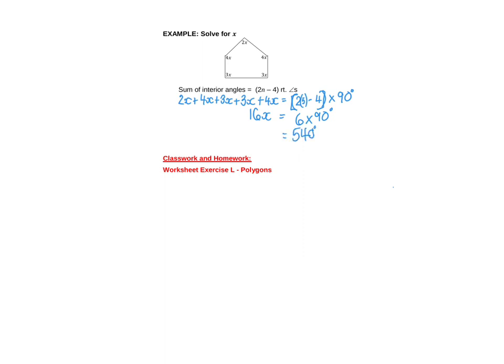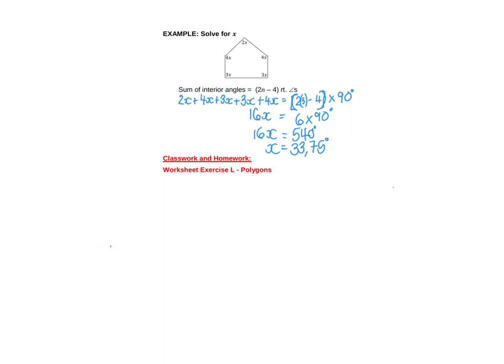So 16x is equal to 540, and this knowledge now helps us to solve for x by dividing by 16 on each side, and that is equal to, if you put it into your calculator, 33.75 degrees.